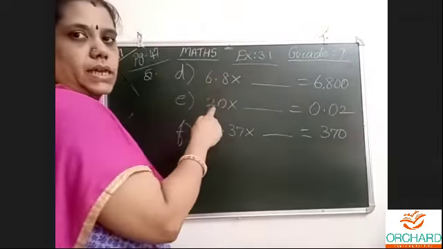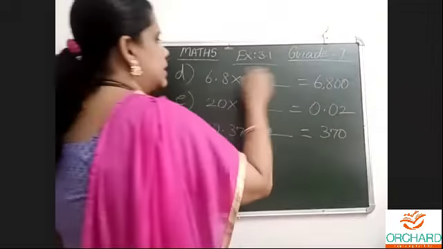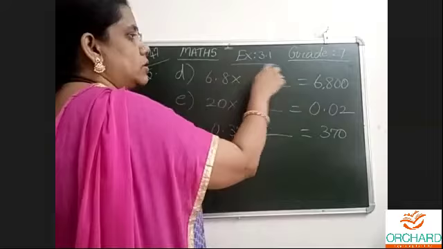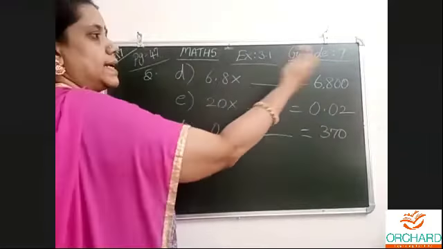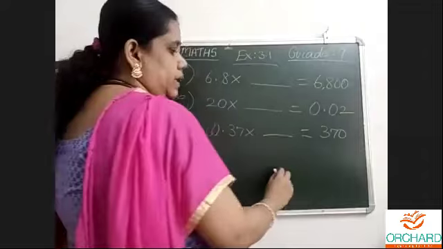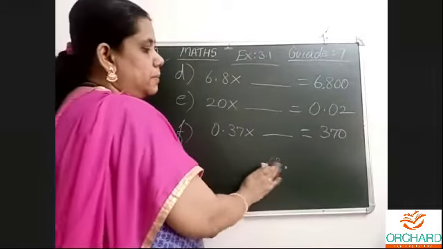Here the point is there, which means the point went on jumping. After 8, 2 zeros are also there. So the point went on jumping to the right side, went to the last and went off. When a number is like this, there is no value for the point.